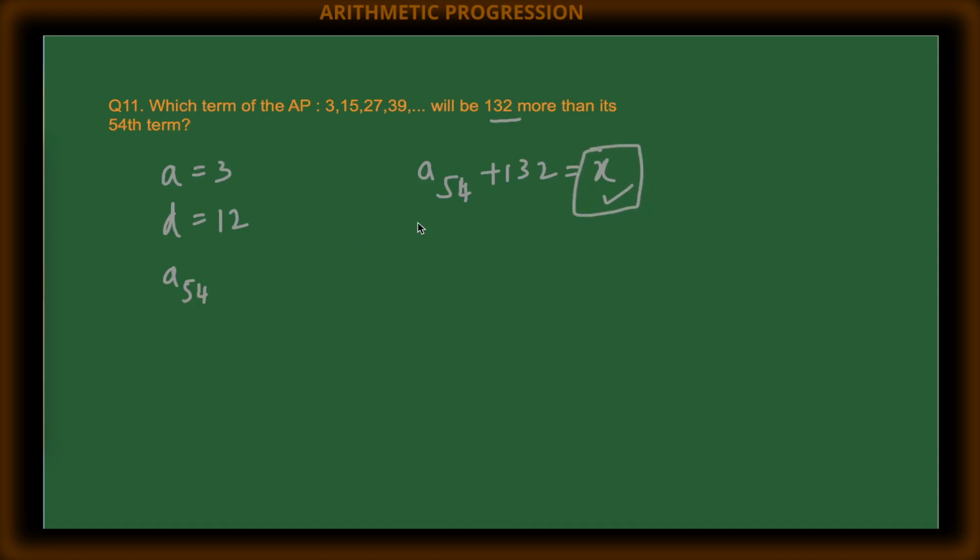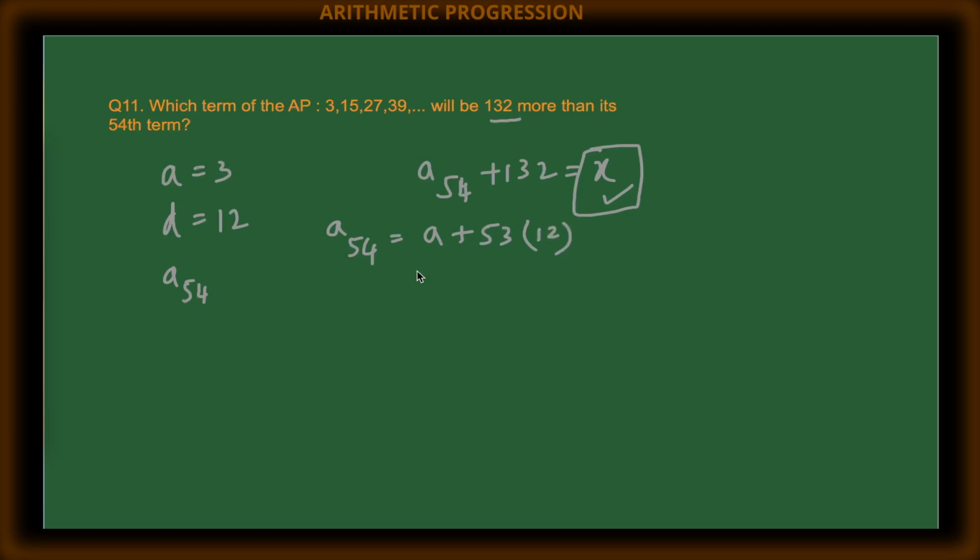So let's get started. First we need to find A54. A54 can be found as a plus (n minus 1) into d. N is 54, so 53 into d. What is the value of d?